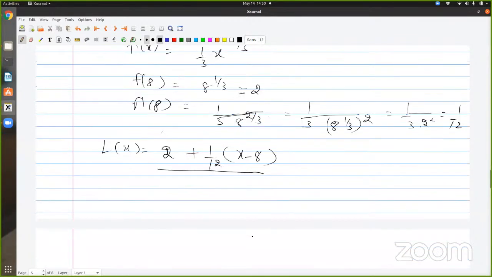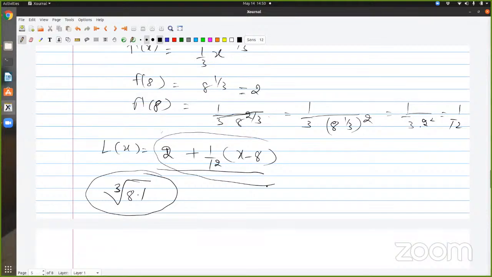Now, if I ask you to, let's say, compute the cube root of 8.1, this is something that may not be straightforward for you to compute. So you can use this equation to quickly find that value, because a is here and 8.1 is in the vicinity of it. So can you try and tell me what value you will be getting by using this equation?